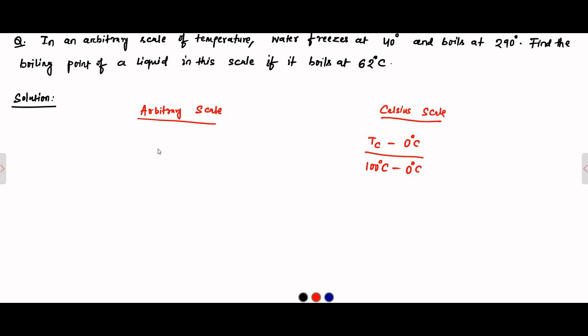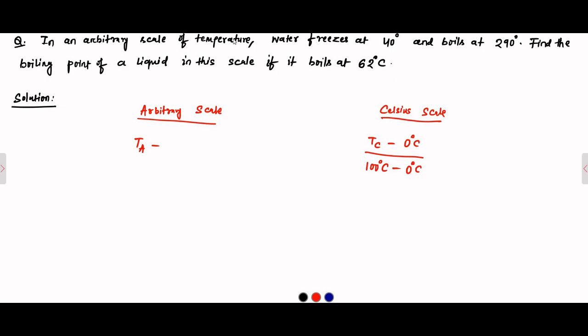For the arbitrary scale, the same thing: we take the temperature in the arbitrary scale minus the lower fixed point.